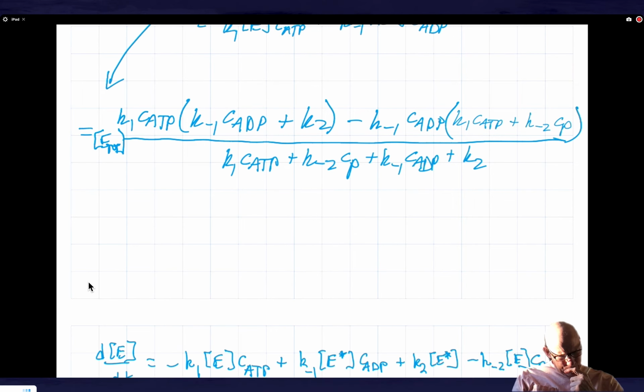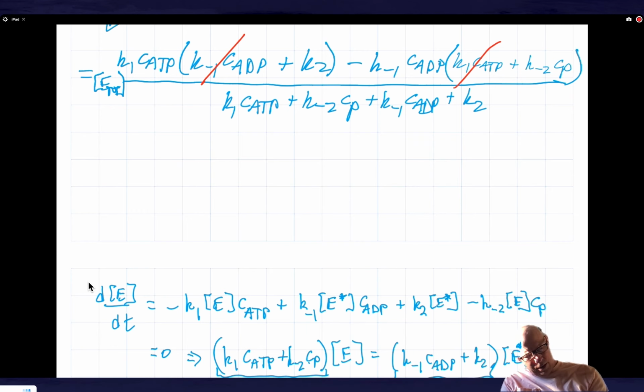Now what I want you to notice is that two of these terms cancel each other. So this term and this term cancel each other. How do I know that? Because there's a K1, K minus 1, ATP, ADP, K minus 1, K1, ADP, ATP.